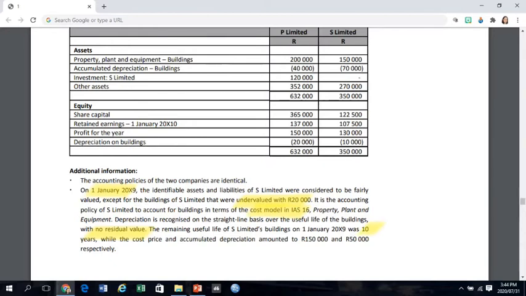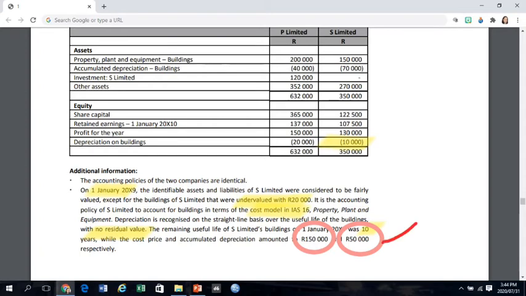The cost price and accumulated depreciation at acquisition date amounted to 150,000 Rand and 50,000 Rand respectively. Just so that you can analyze your trial balance, that 50,000 Rand was the accumulated depreciation at acquisition date. From the trial balance, you can see the annual depreciation by S is 10,000 Rand.